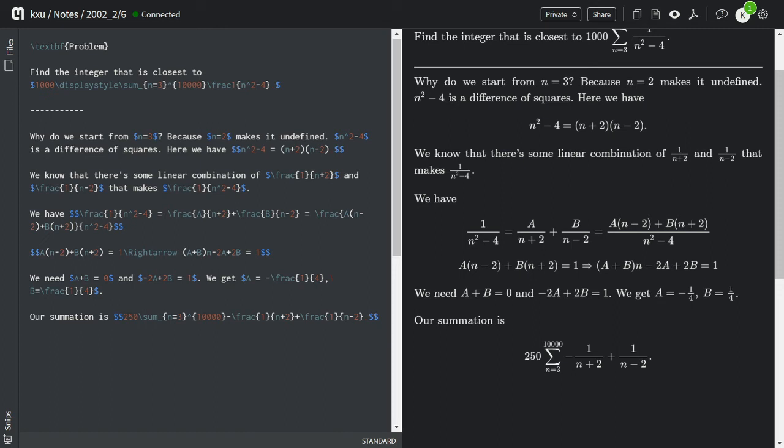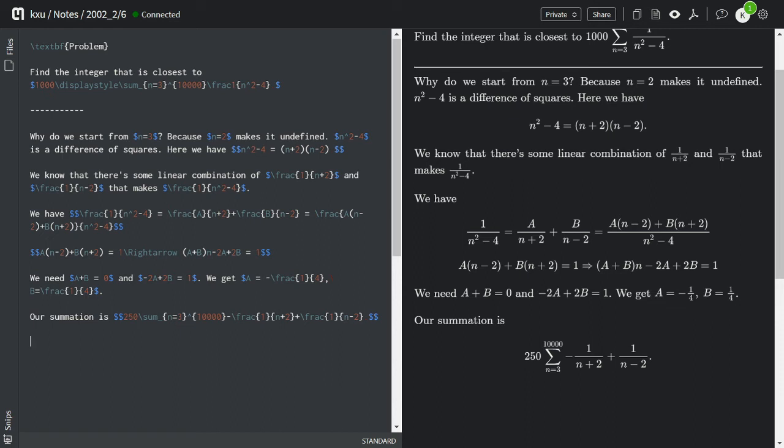Now, because we have this, you might find this very familiar. In fact, this is telescoping. And what telescoping means is that we are essentially canceling out fractions when we change the value of n.